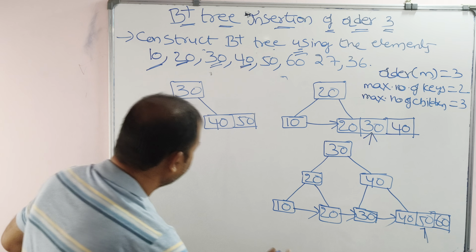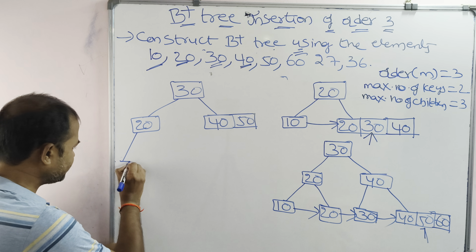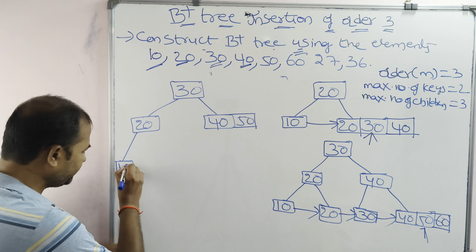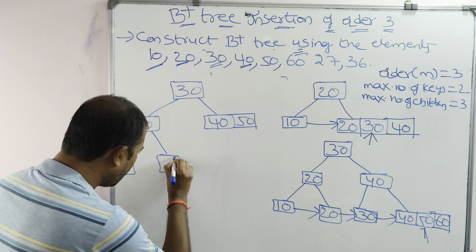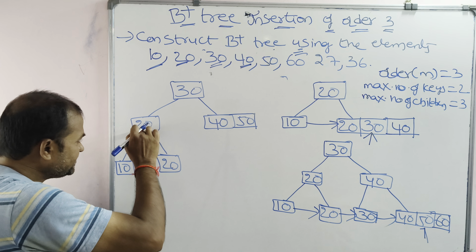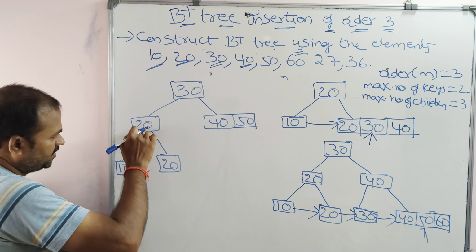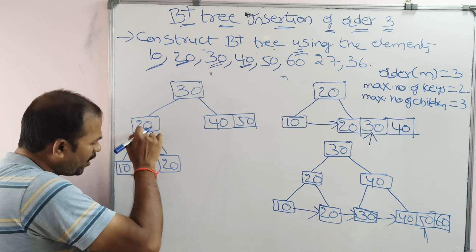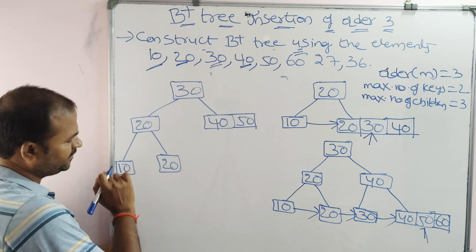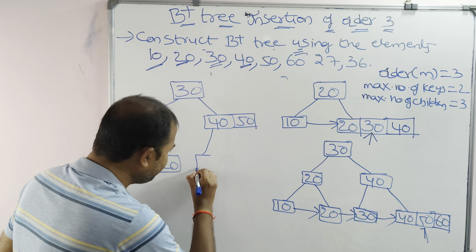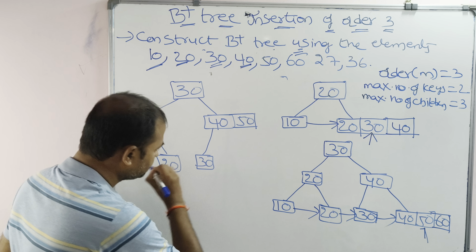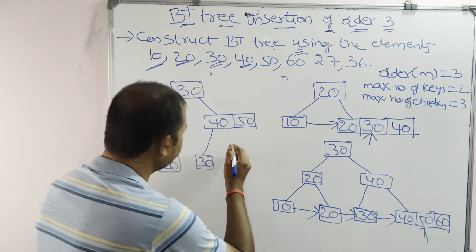Next let us write the keys. 10 is less than 20. Next we have 20. Here we have the 20 key. But this is the 20 pointer. It is a pointer to this key. Next we have 30. 30 is less than 40. Next we have 40.